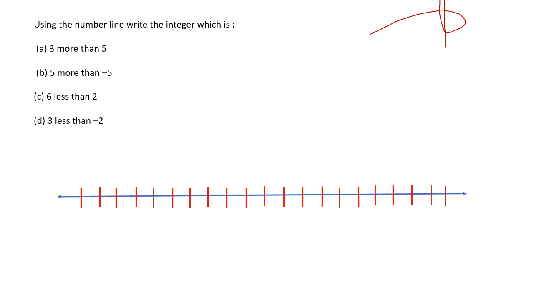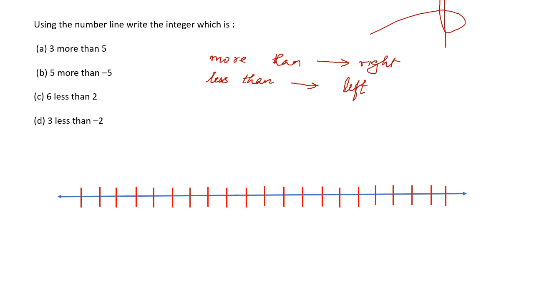Now you have to understand, children, more than. When it comes to more than, we have to move towards the right. More than means we'll move towards the right side. And less than, when it comes, we'll be moving towards the left hand side.